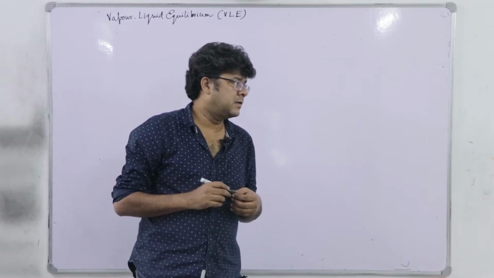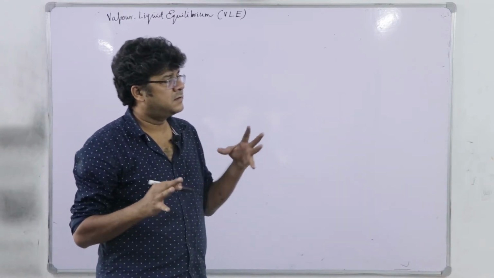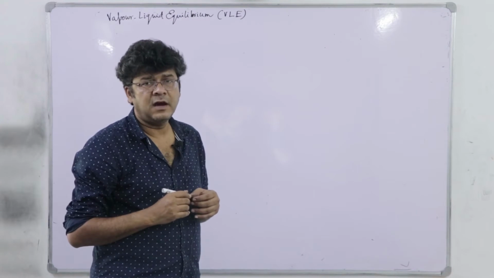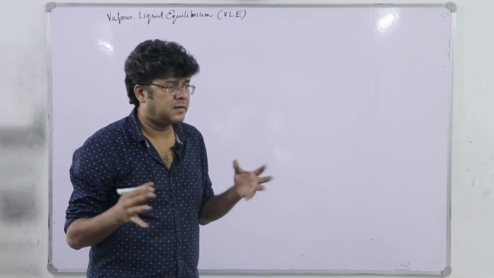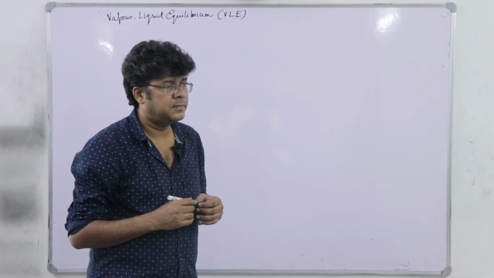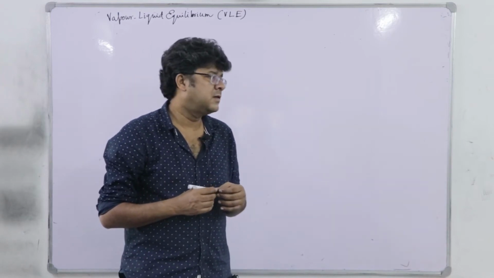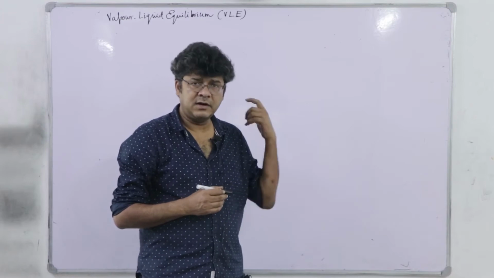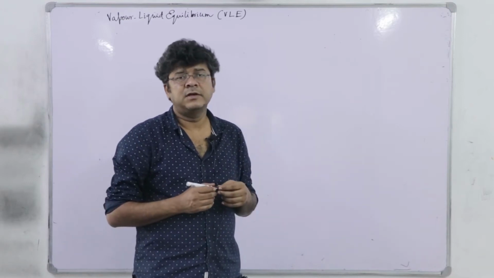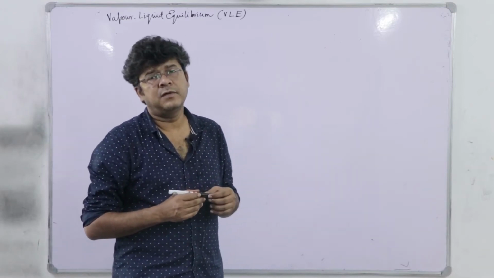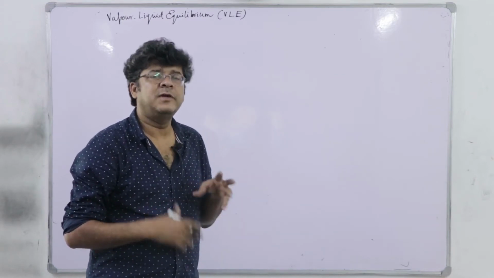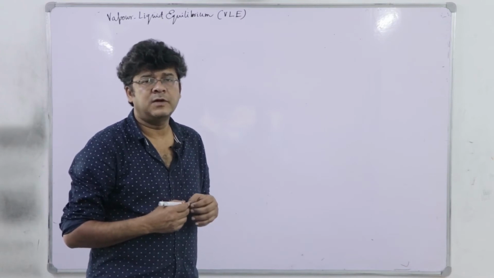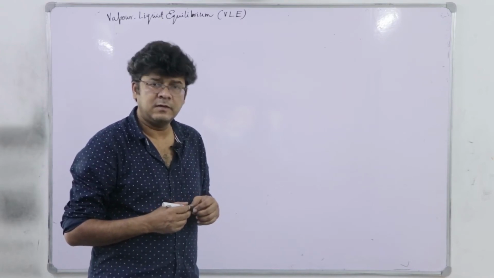Whenever two phases are in equilibrium, and it's a multi-component system with two phases, alpha and beta, and here it is liquid and vapor, the fugacity of all component species in the liquid phase will be individually equal to the fugacity of the same component species in the vapor phase.